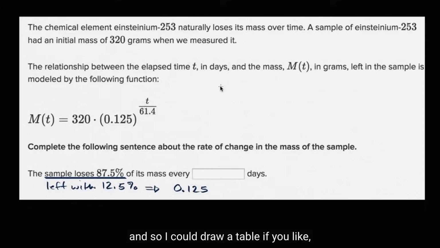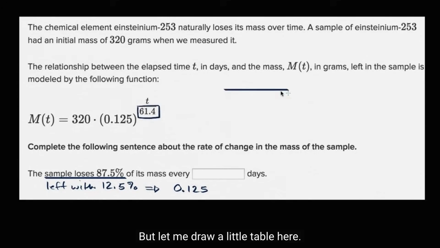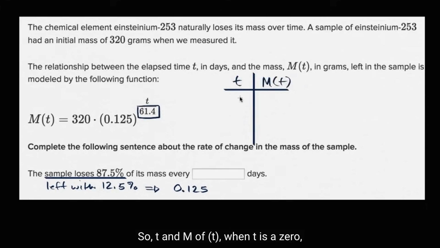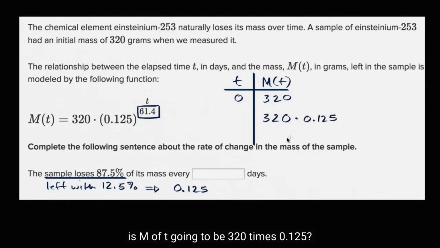And so I could draw a table if you like, although I think you might guess where this is going. But let me draw a little table here. So t and m of t. When t is 0, m of t is 320. And so at what time is m of t going to be 320 times 0.125?